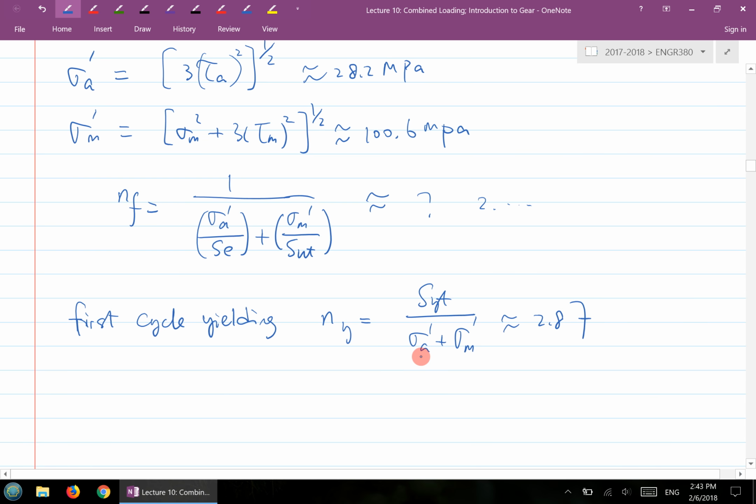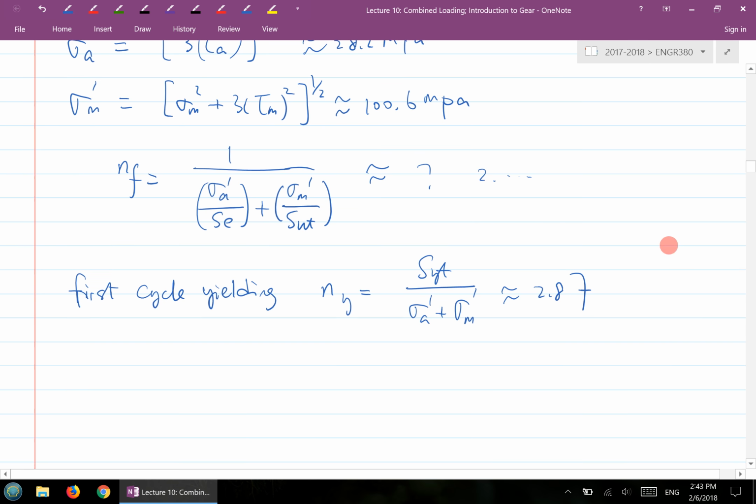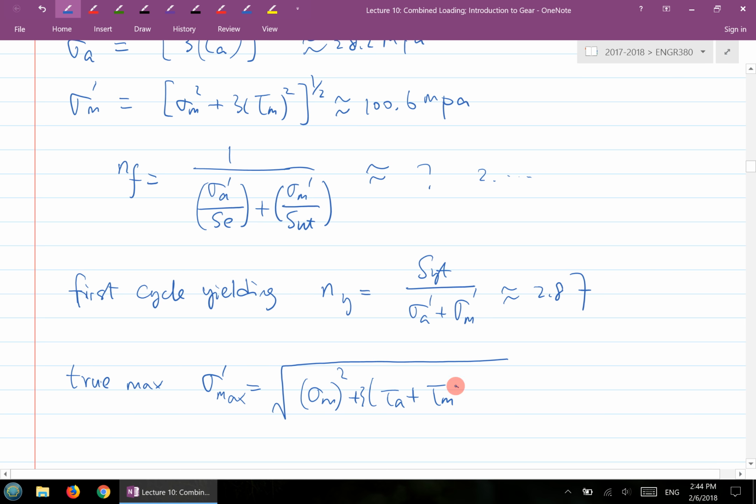So here's the formula. Remember I gave you 2 different ways of calculating the first cycle yielding, right? For combined loading, this is one way of doing it. If you want to use the true max, the sigma max prime, the true value, then given the existing stress, it's the square root of sigma m prime plus 3 times tau A plus tau m, squared.